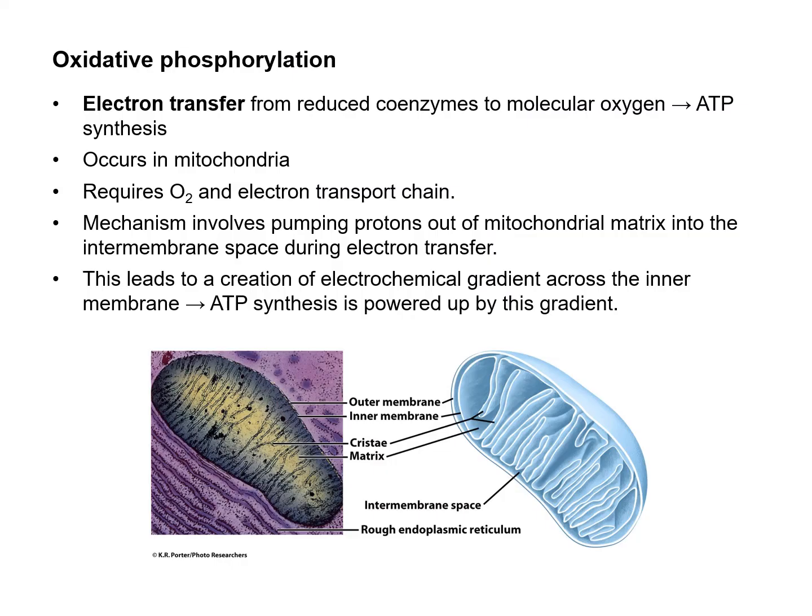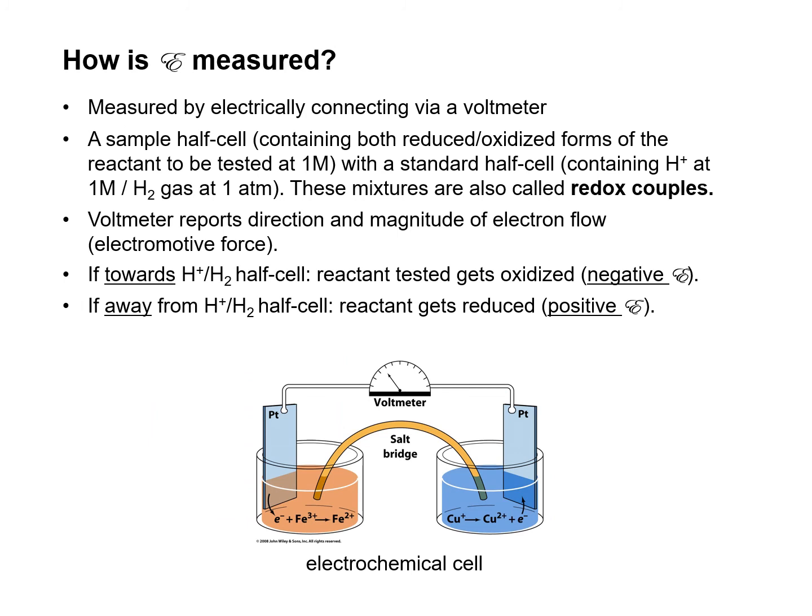And we first talked about oxidative phosphorylation, which is basically ATP synthesis through the electron transport chain in the mitochondria. In order to understand the mechanism of electron transfer events and oxidative phosphorylation, we talked about the reduction potential, or the E right here, and its application to redox reactions.